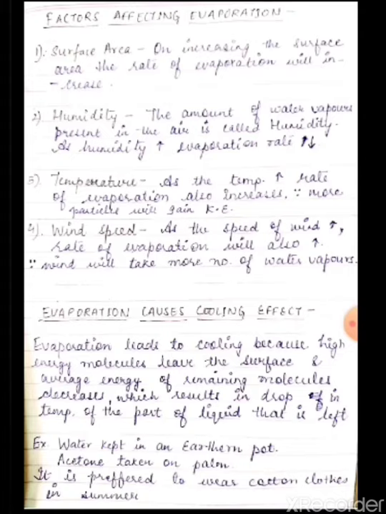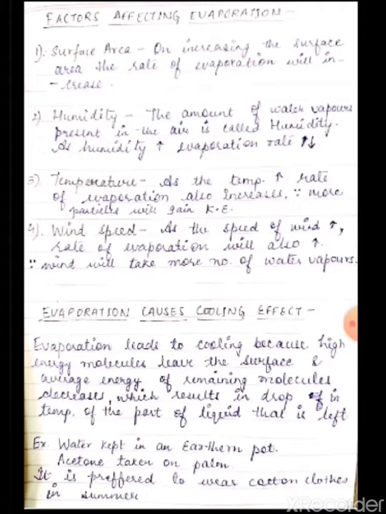Third one is temperature. As the temperature increases, the rate of evaporation will also increase. It is due to the reason that the kinetic energy of particles will increase. So the evaporation of water will be more during summers rather than winters.